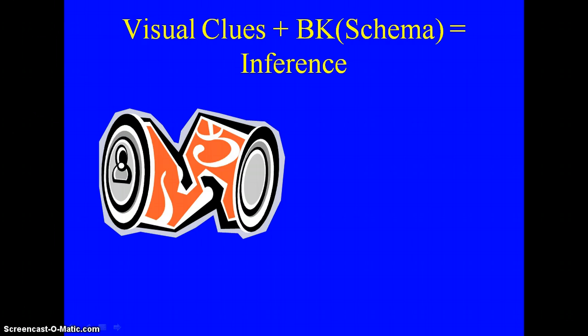So let's learn it. If you are looking at visual clues, you study them, you take what you learn from studying them, you put it with your background knowledge or your schema, and you come up with an inference or guess as to what is happening or what has gone on.